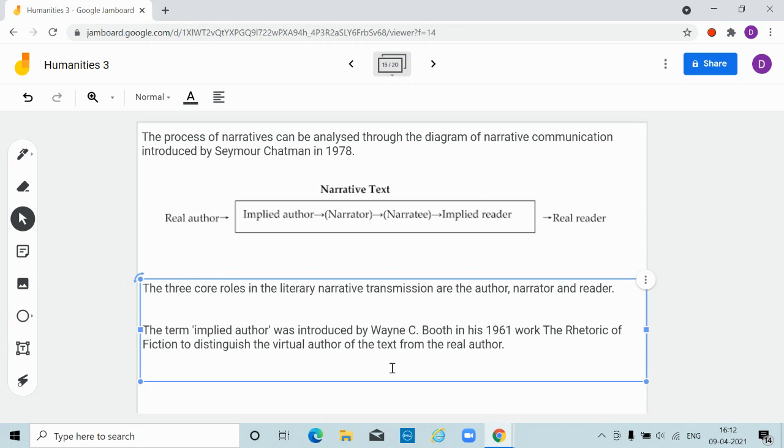But when you're reading a novel or a short story or any literary work for that matter, you might feel that the author who has written this work might be like this. This might be his sociological condition, his background, his thought process.